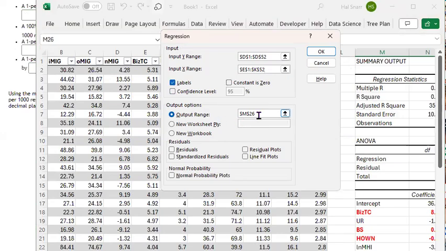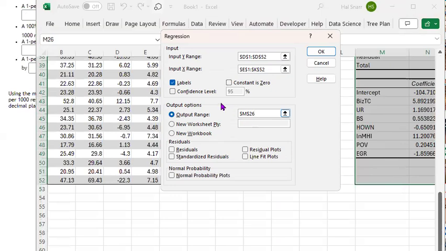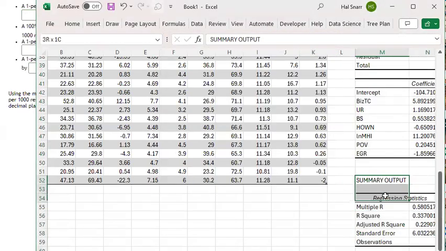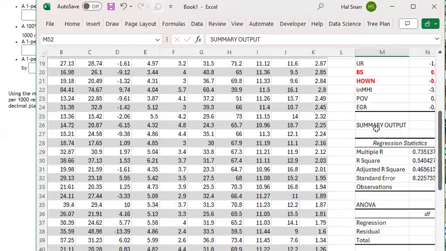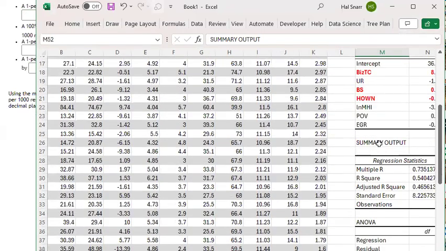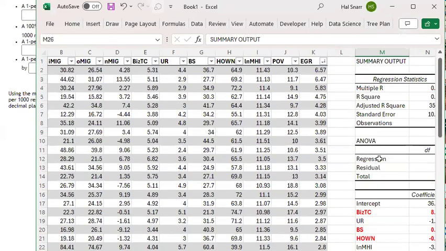We have labels, output range. And I'm going to put this output right below regression 2, and then hit OK. So you're going to have the out migration results, the net migration results, and then these are the in migration results.